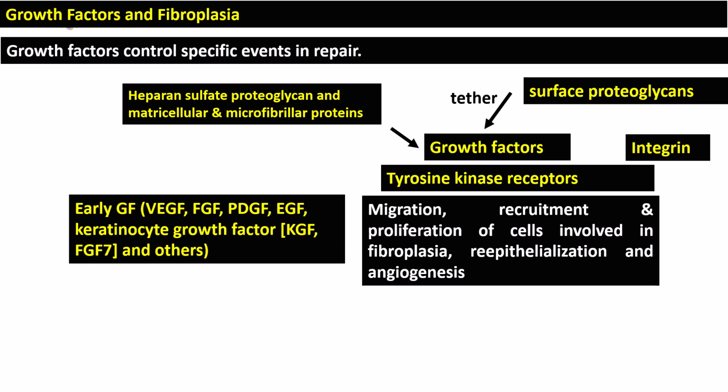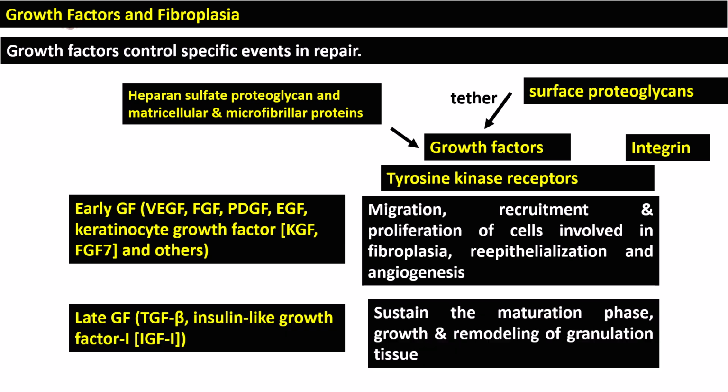They also initiate angiogenesis, while in the late phase, that is maturation and remodeling, transforming growth factor beta and IGF-1 are expressed, and they promote remodeling of the matrix, stimulate the synthesis of collagen and fibronectin production, and drive the transition from granulation tissue to the mature scar.